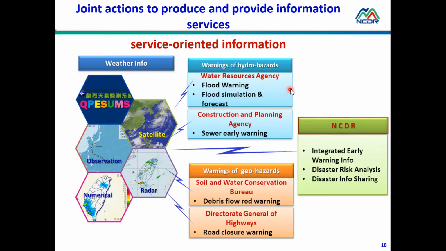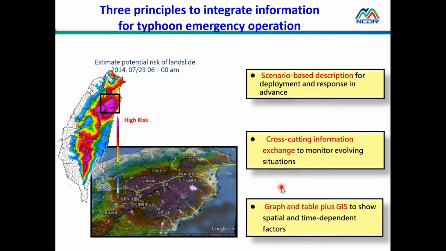After different government agencies produce alerts or warnings, the NCDR will try to disseminate them to different end users. And I mentioned what a smart response is. Another important thing is how we communicate with decision makers. So on this slide, we emphasize our philosophy about how to talk to decision makers.